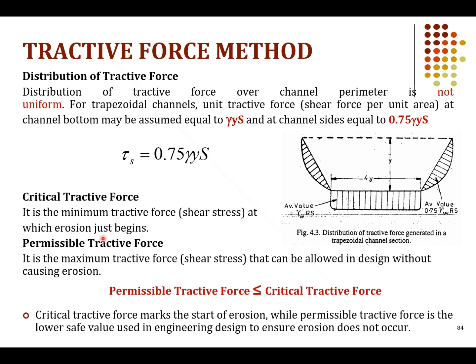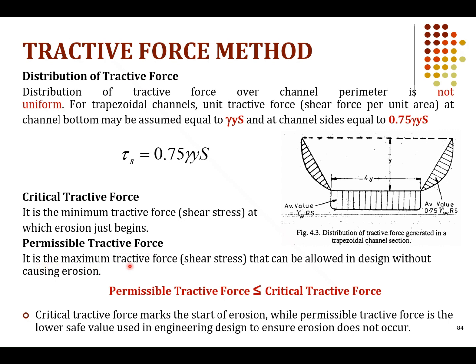So our desire is that when the water is flowing, the tractive force which is generated should always be less than the critical tractive force, so that the particle would not move, means the erosion or scouring would not happen. So there comes the concept of permissible or allowable tractive force.